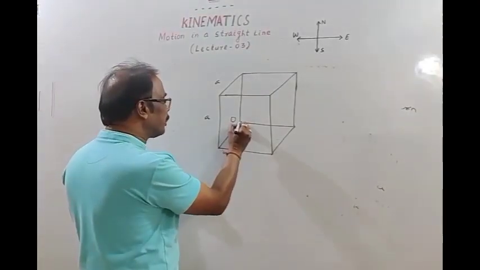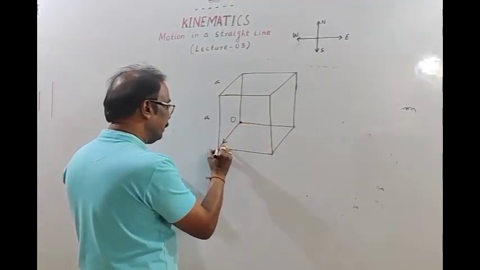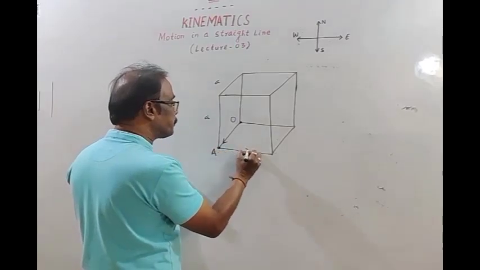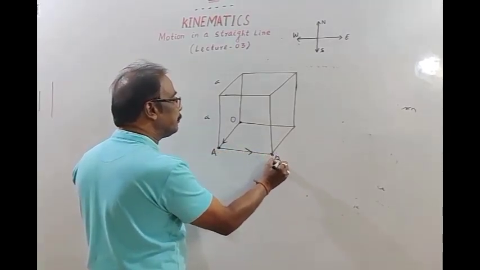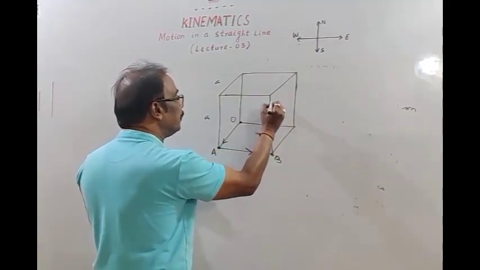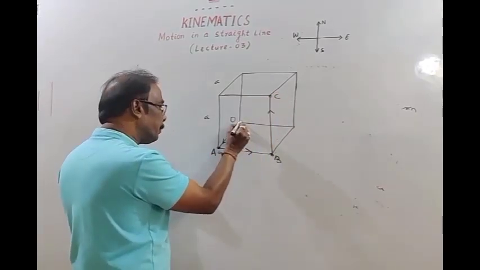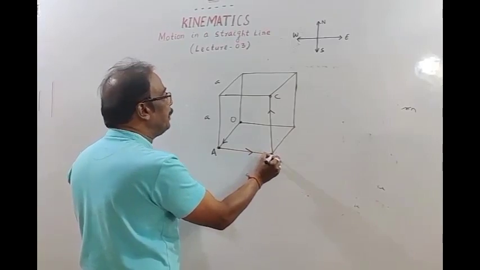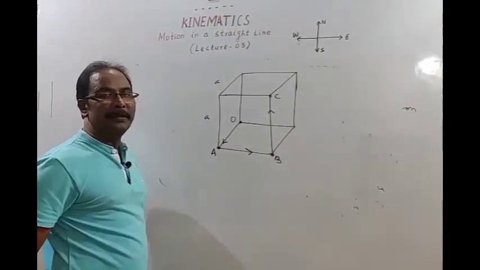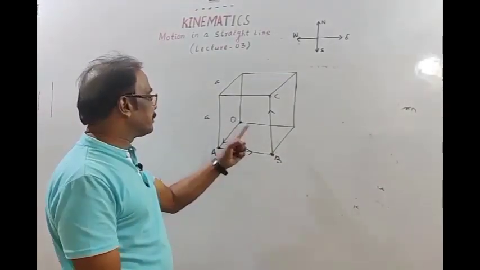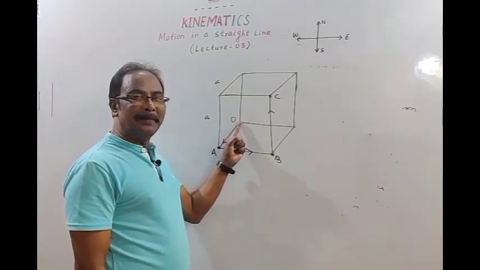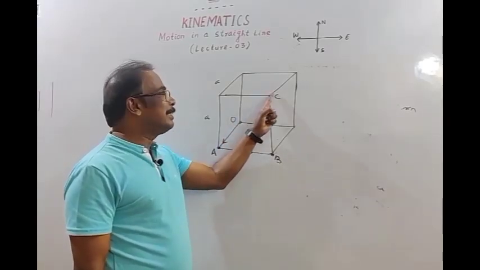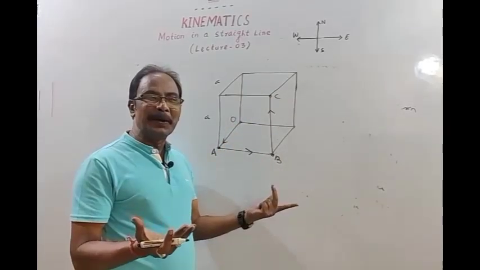The particle starts from O, reaches A, then moves from A and reaches B, then moves from B and reaches C. We have to find the displacement. See students, this is one corner of the cubical container and C is the opposite corner.